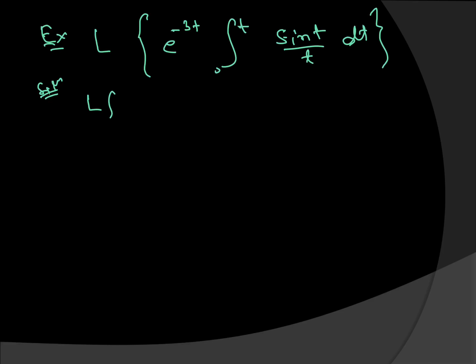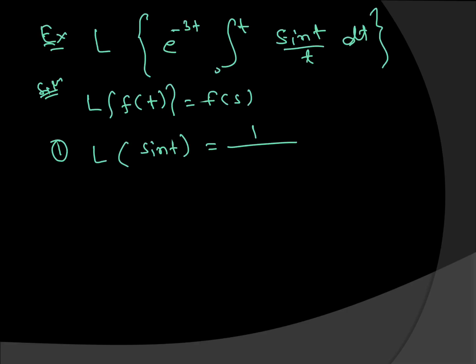Laplace of f of t, it's equal to f of s. Step 1, Laplace of sin t we will do. Laplace of sin t, it's 1 by, omega is 1 here, so 1 by s square plus 1. In step 1 you will get this one, Laplace of f of t, this is f of s up to step 1. Then in step 2 you have to divide, Laplace of sin t divided by t.